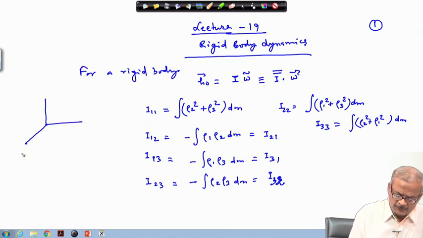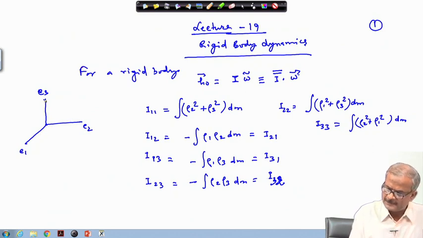So, if this is your body frame where you are writing E 1, E 2 and E 3, this is the first direction, second direction and the third direction. If you look at this quantity, I 1 indicates the moment about this axis, so rho 2 square plus rho 3 square. You have any point located here.